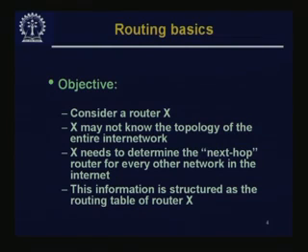So, X needs to determine the next hop router for every other network in the internet. Now, why are we talking about network? After all, we are trying to reach some particular machine, maybe some particular server. Well, if you want to keep track of all the machines in the world, that becomes really intractable, really very big.